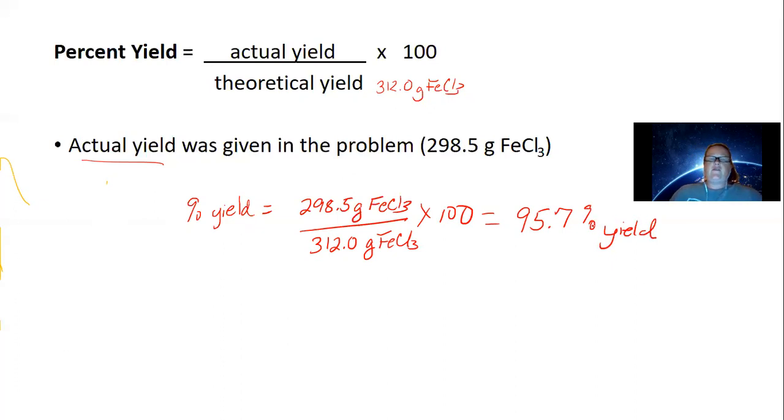Ideally would be 100% yield. Ideally, we would start with a certain number of grams of reactants, and we wouldn't lose any, the reaction would go to completion, and we would get as close to 100% to this 312 grams as possible. But sometimes things go wrong, so we have to calculate a percent yield.